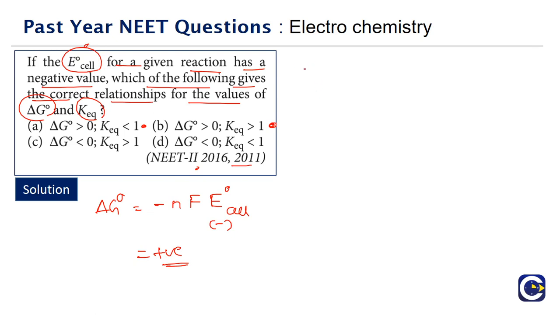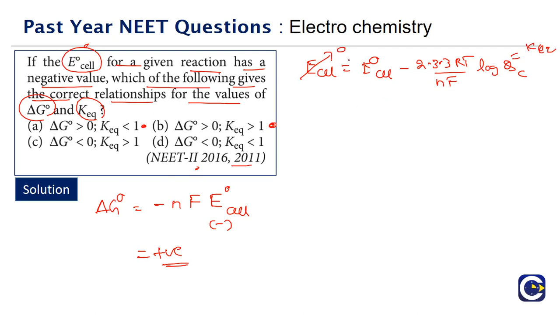If you look at the Nernst equation, what is the Nernst equation? E cell is equal to E0 cell minus 2.303 RT by nF log Qc, or Q. So if we reach the equilibrium stage, then E cell will be 0 and Q will become equal to the equilibrium constant.